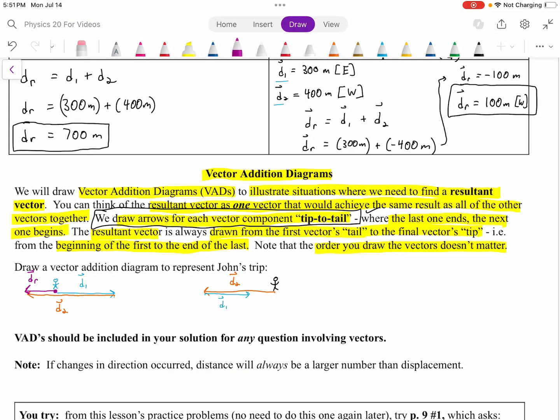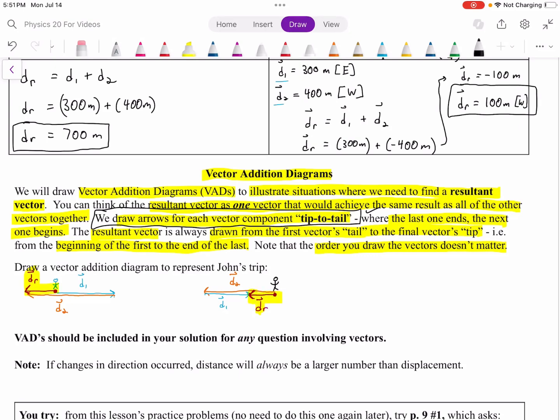Okay, and sure enough, when we go to draw our resultant, our diagram started there, and we finished it here. So from where we started to where we ended, that is the resultant displacement. That is dr. Aha, ta-da, look at that, right? Compare this resultant displacement to this resultant displacement vector.